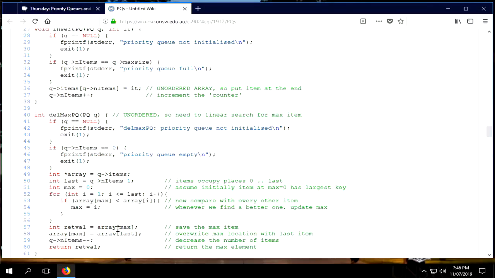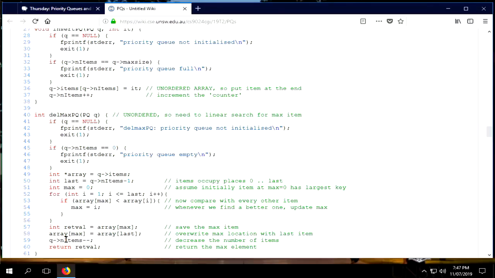When you've found the maximum, that's the one you return, store it. Retval is array max. Then you overwrite it by the last so that you fill the hole, so you don't have any holes in your array, and then you decrease the number of items. Okay, so this del max, give me the maximum element when it's an unordered array.